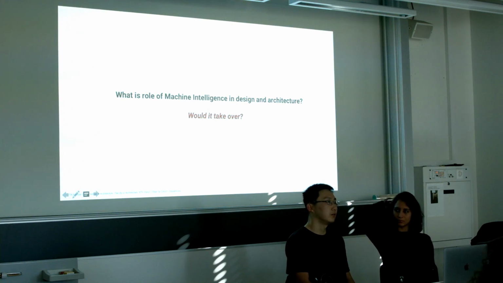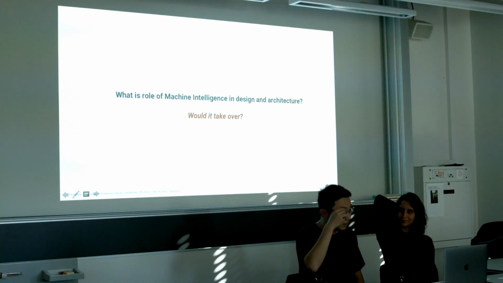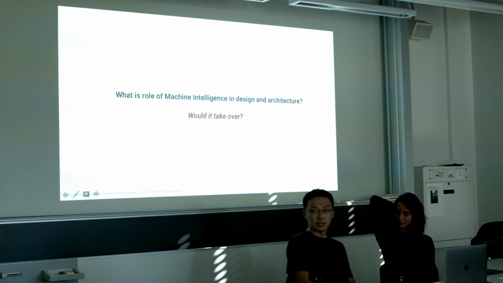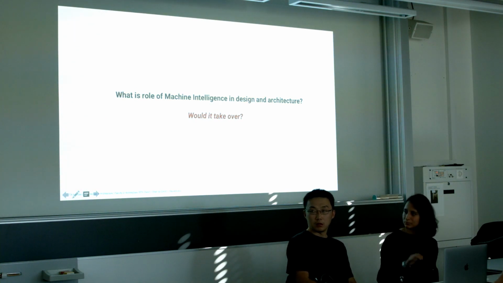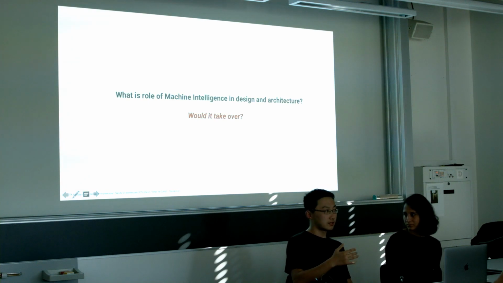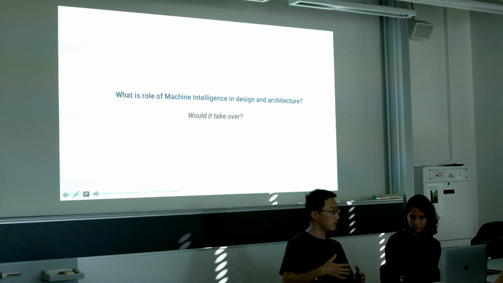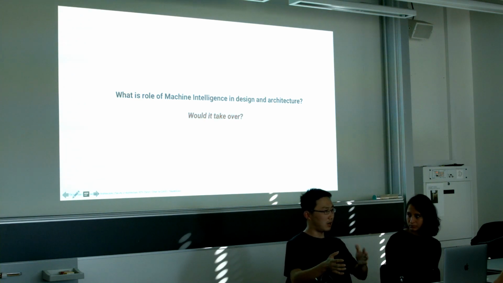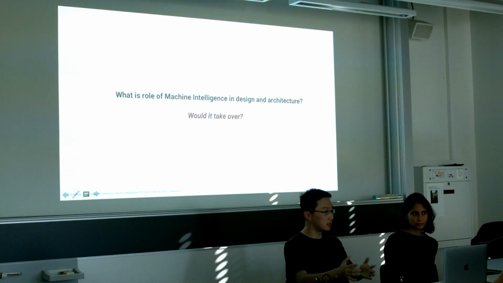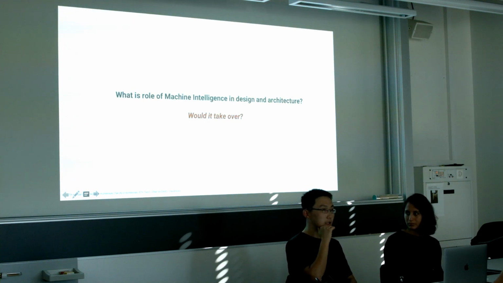I also thought about that before, but I think first, it is improper that we simply say that the architect becomes a role of selecting different generated results. I think that's not entirely true.